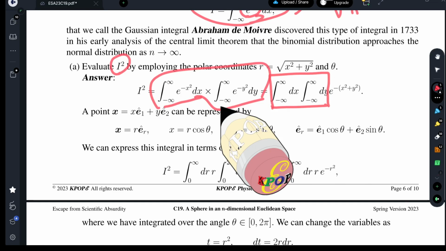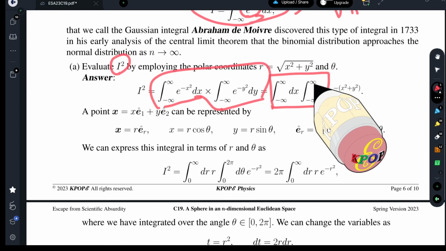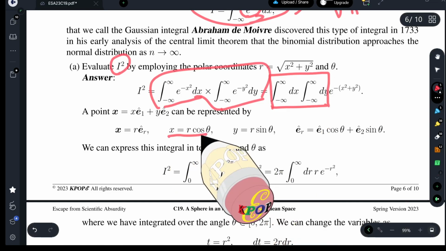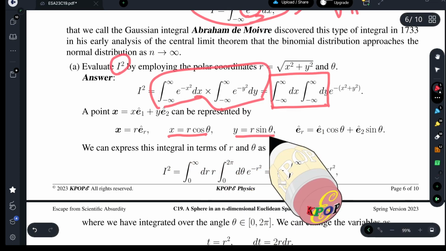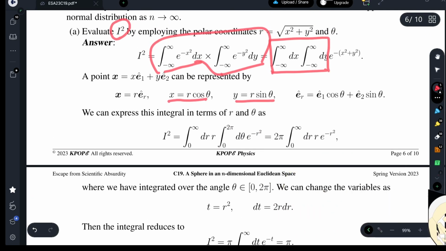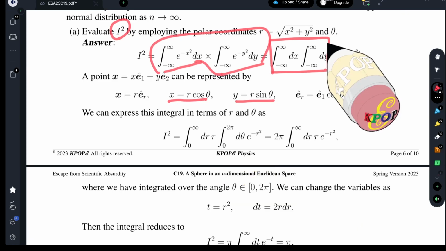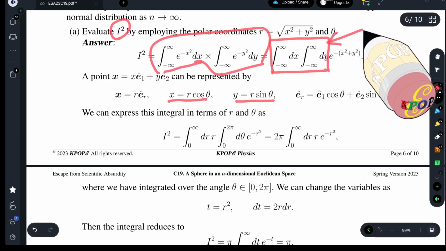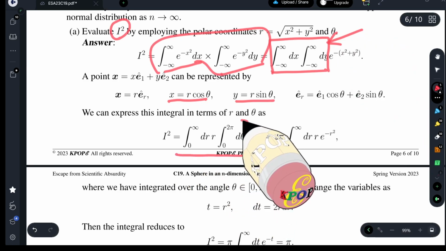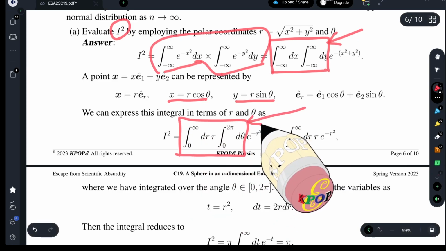So we'd like to convert this in terms of the two-dimensional polar coordinate system. x is r cosine, y equals r sine. We remember in two dimensions, this is the Cartesian coordinate representation for the area element. This is the polar coordinate representation of the area element.